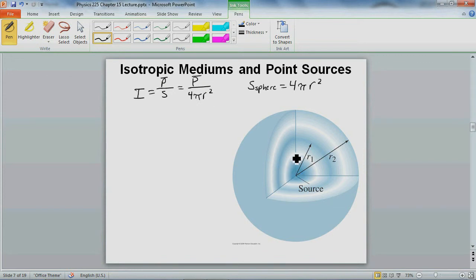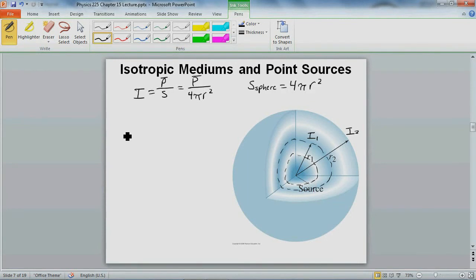And using this model, you can see the different wave fronts that are coming out. So say that the dark blue would be your peak or your crest, and the white would be your trough. You can see how they would radiate out from the center. Now let's define I1, our intensity 1, to be at the distance R1, and our intensity 2 at distance R2.